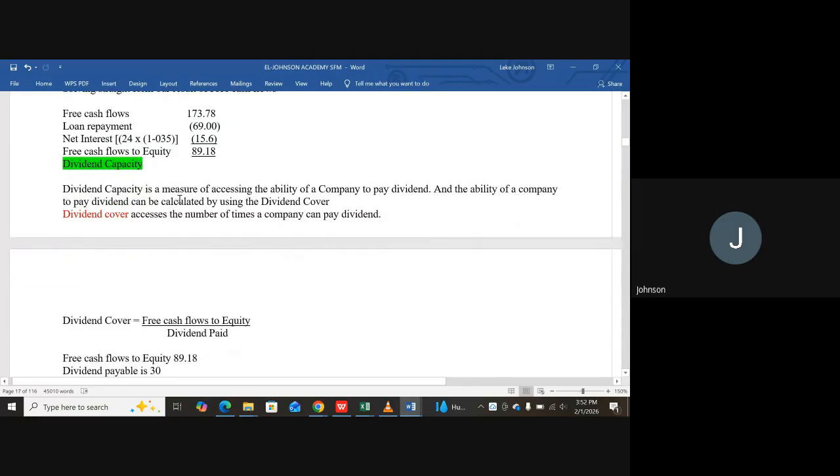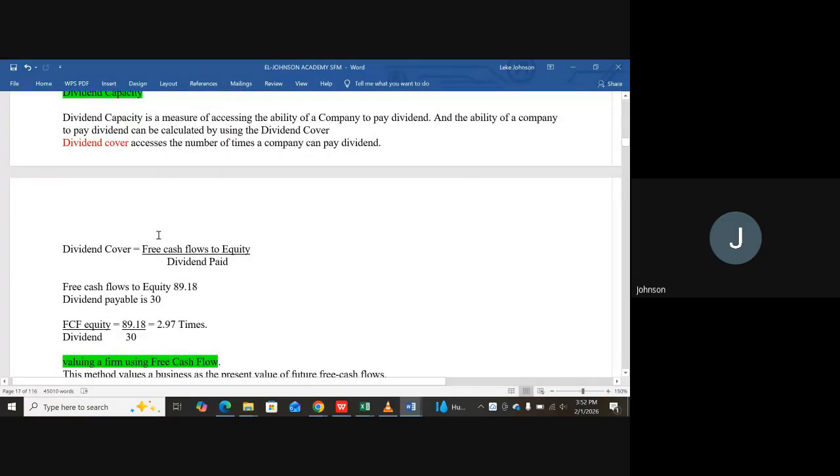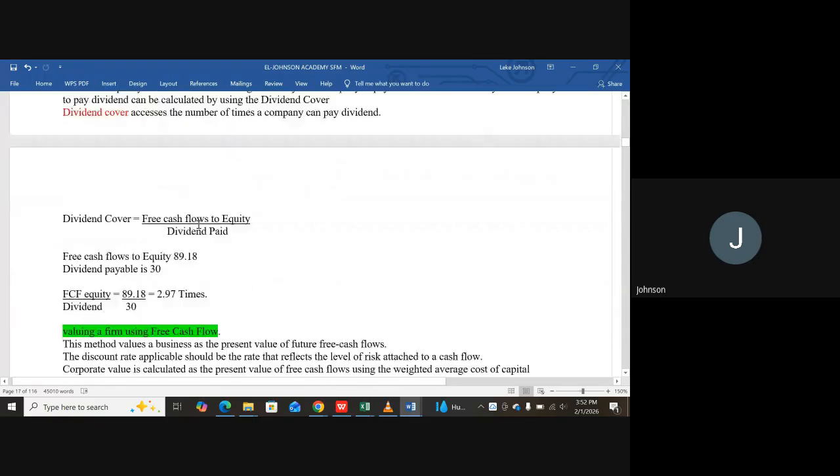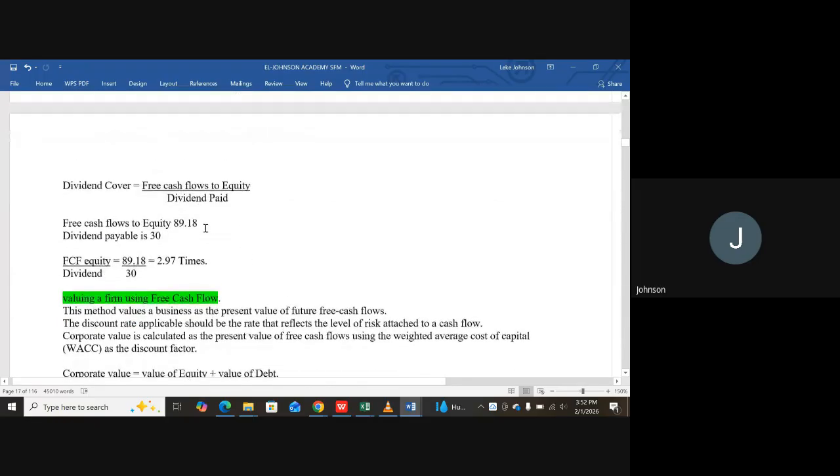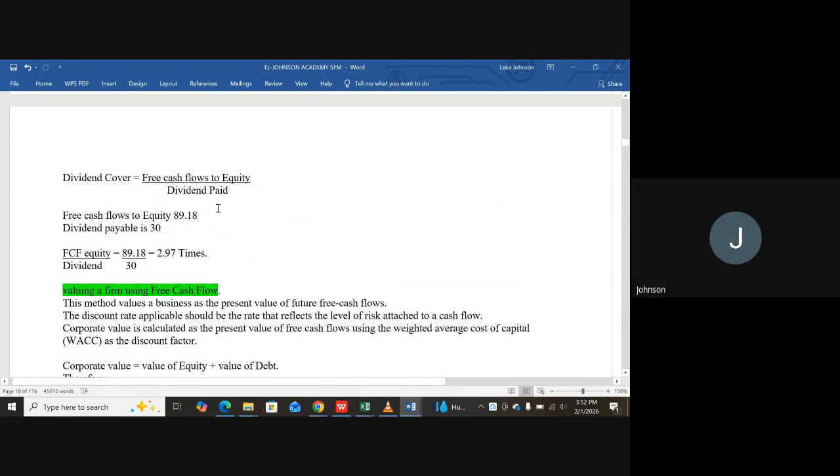So for your dividend cover, what do you do? You take the free cash flow to equity that you have gotten, which is this value, and divide it by the dividend paid. Once you have done that, you are good to go. So that's how we did this. We decided that if we have a free cash flow to equity of 89.18, and a dividend of 30, then how many times can we settle this dividend out of this money?